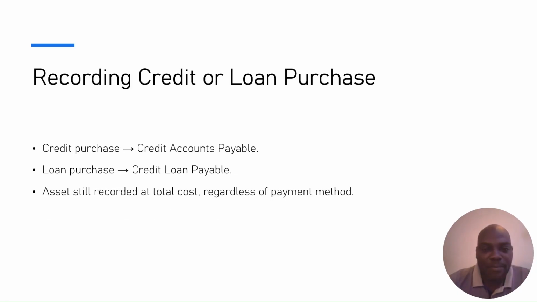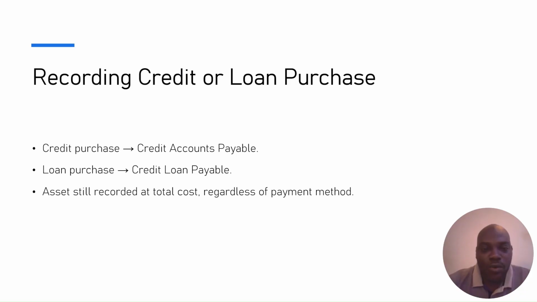If the company buys on credit, then there are two forms. It either buys on credit from a supplier or on a loan from a bank. If it buys on credit from a supplier, we will debit our solar system asset account 60,000, and then credit our supplier payable account with 60,000.